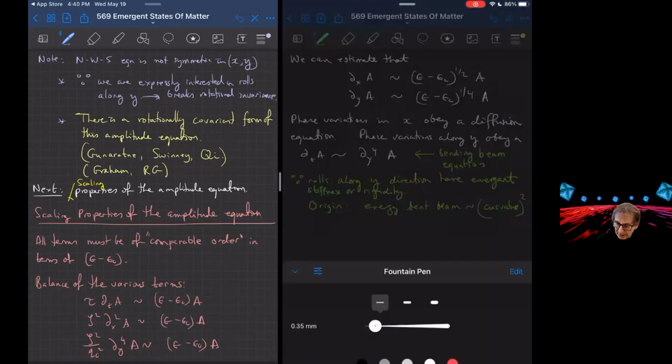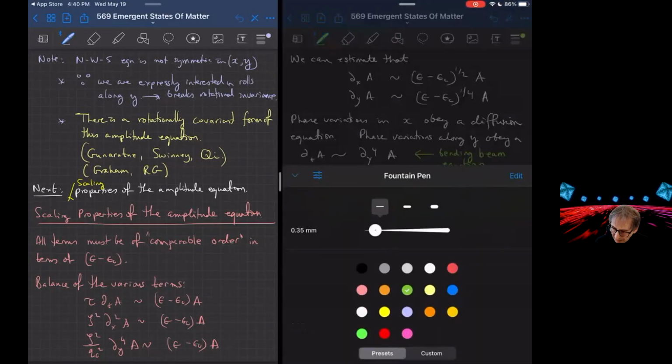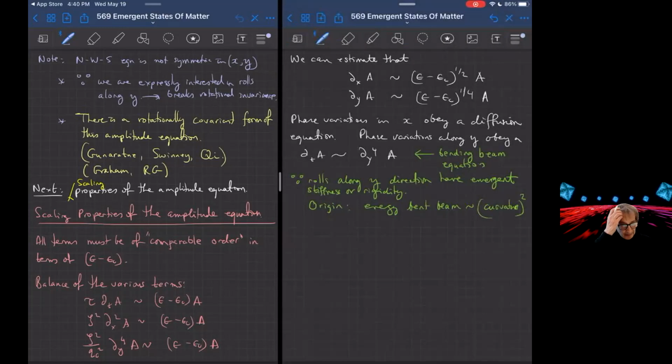Okay, so I told you that I was interested in the scaling laws, so we haven't quite got the scaling laws yet, but let's get there now. Our goal in this section was to look at space-time scaling near this bifurcation point epsilon c, and what I want to show you now is that I can rescale everything to get a universal equation.